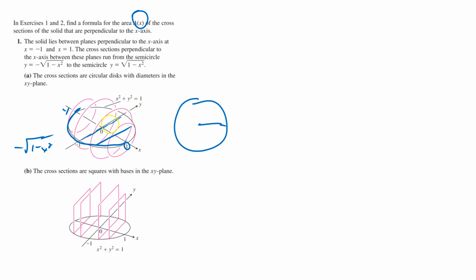Okay, so we have cross-sections that are circular disks with diameters in the xy plane. So our diameter all the way across is the distance from this bottom function to the top function, which is √(1 - x²). If I were to draw a picture of this circle, if the diameter is like right here, I think about a top radius, right?